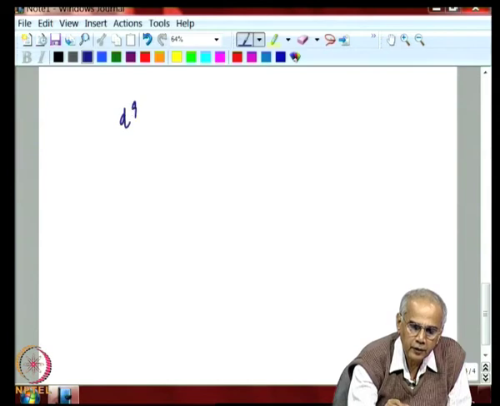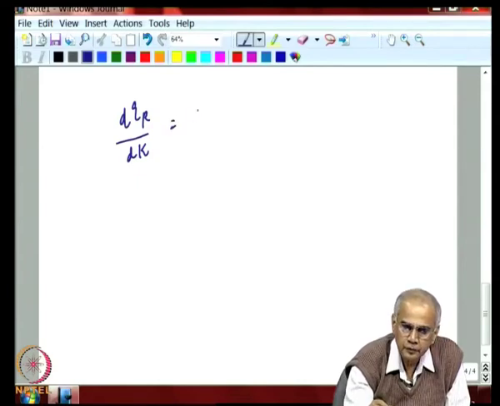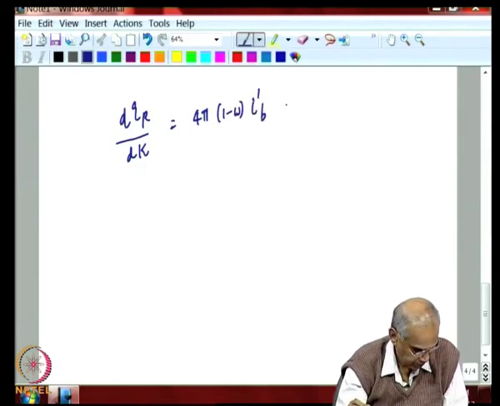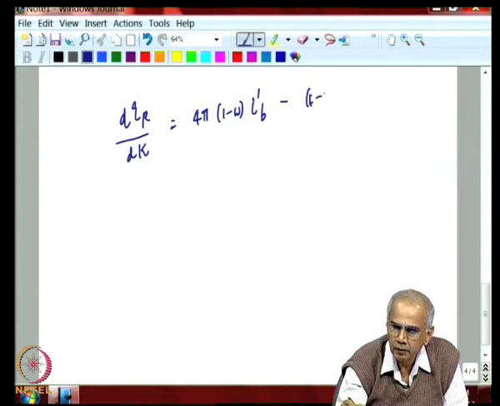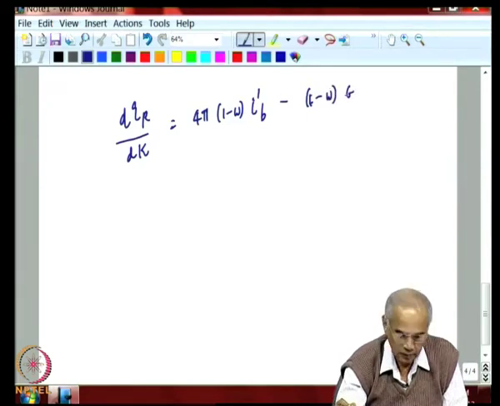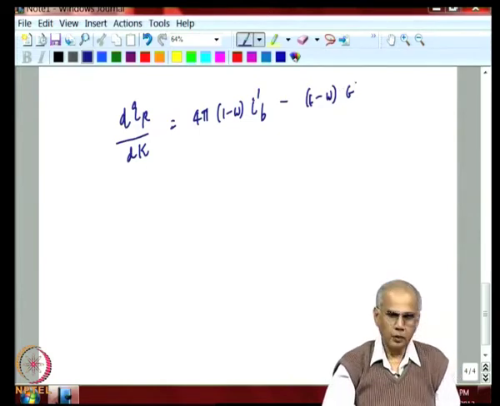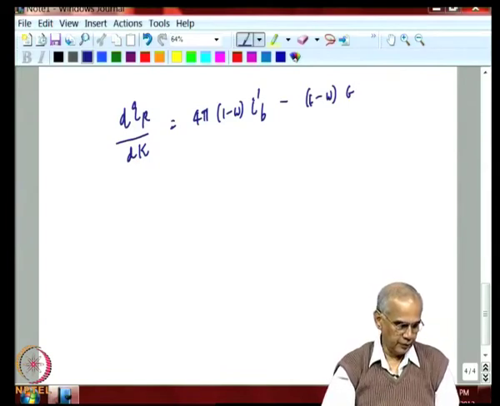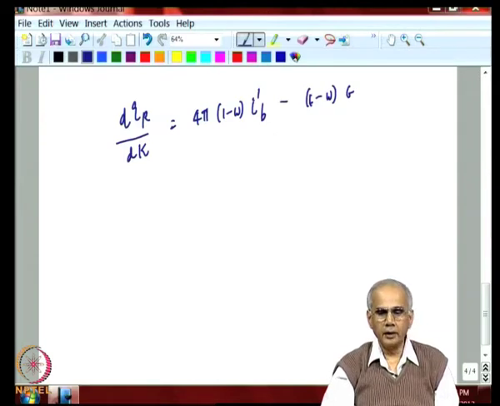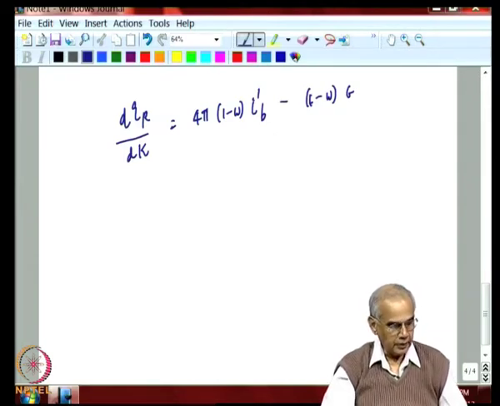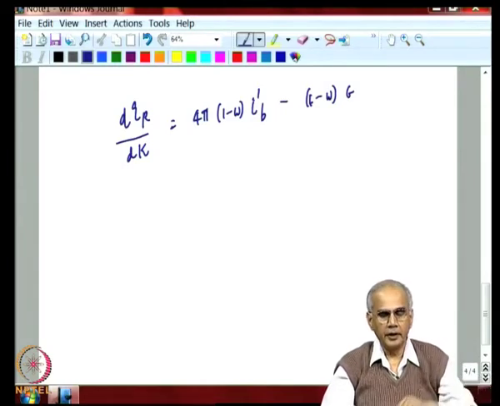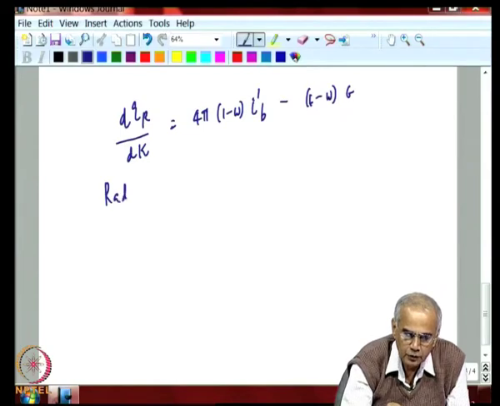So, we will have d Q r d kappa equal to 4 pi times 1 minus omega I prime b minus 1 minus omega G. So, this is the first term in terms of radiative flux, and if we consider the case of radiative equilibrium, which is what we are trying to focus on.